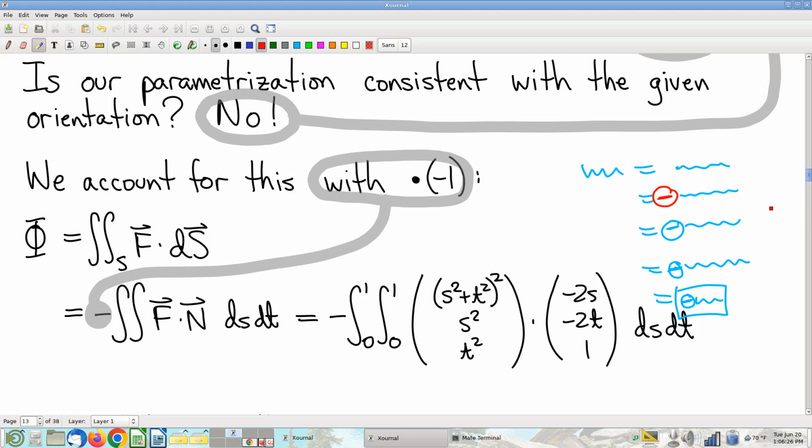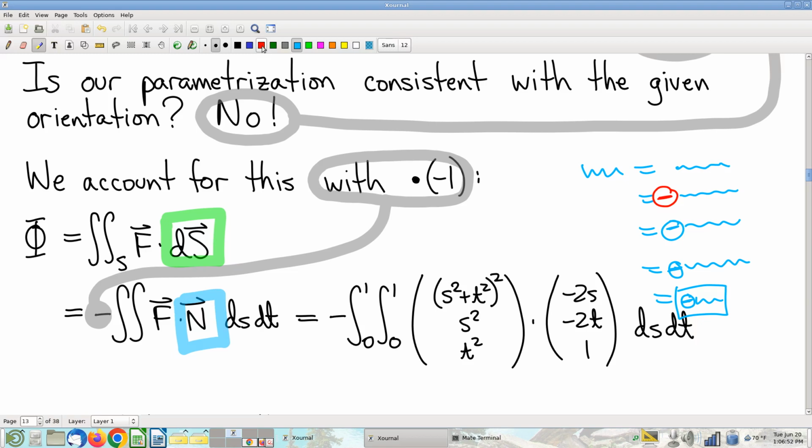Remember that when you write down the dS vector, or when you write down little n dS scalar, any normal vector that comes from the given orientation of the oriented surface is one side of the relationship, and then the thing that comes from the parameterization is the other side.